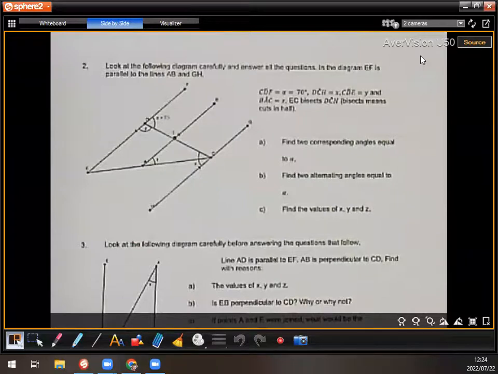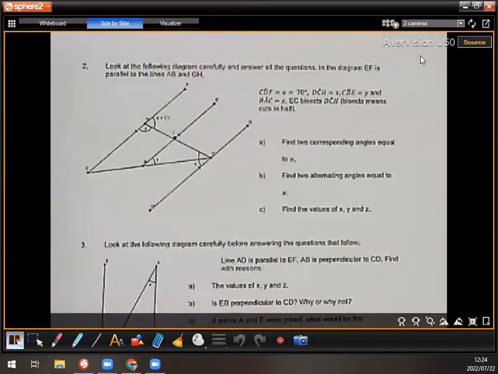Not the small part, the whole big angle is X. So this is A, this is 70 degrees. Then they say BAC is Z. This angle here is Z. Make sure that you know what all those angles are, guys, because it's quite small.